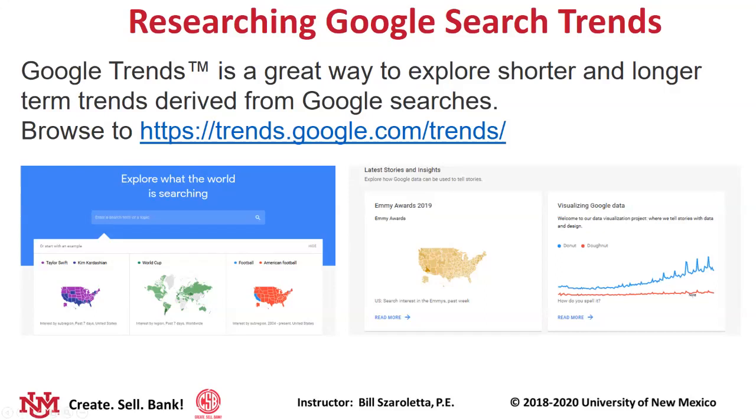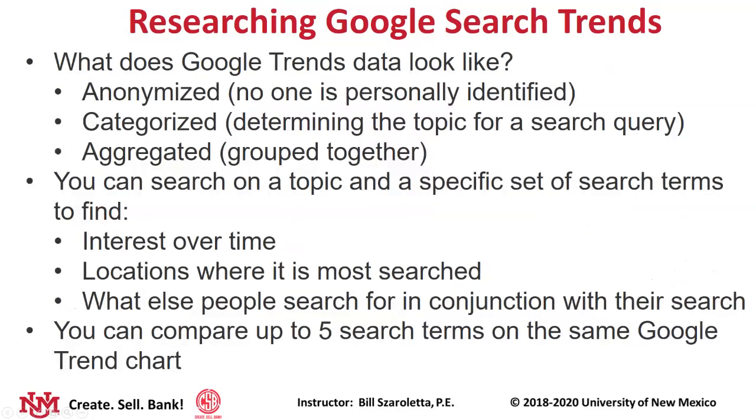I like on the right here, donut versus donut. I guess people spell it D-O-N-U-T, and that search volume's going up while the search volume is very close to zero over here. So anyways, you find out interesting things.